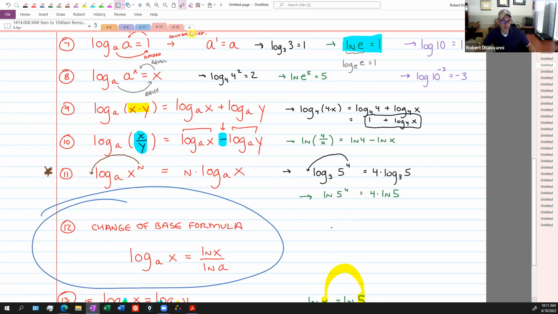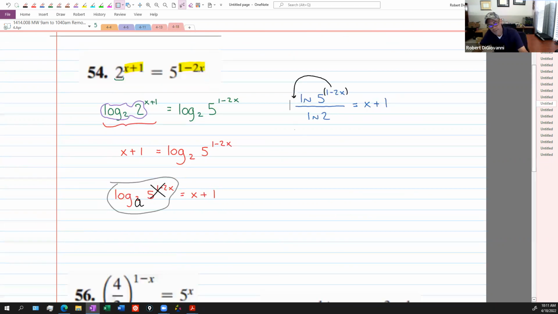Powers can come out. So I'm going to bring that power out. So watch what my next line looks like. It's 1 minus 2x times natural log of 5, all of that divided by natural log of 2 equals x plus 1.